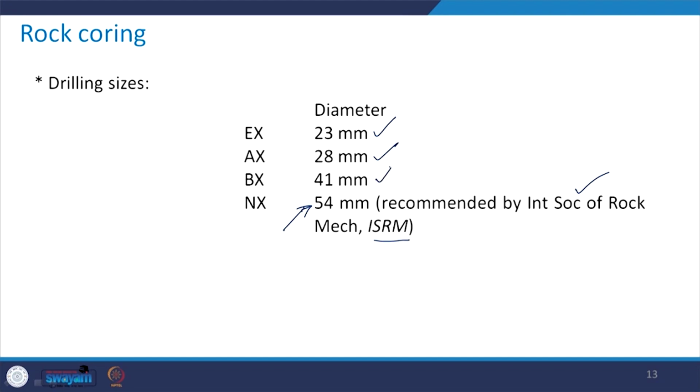EX has a diameter of 23 millimeter, AX is 28, BX is 41 millimeter, NX is 54 millimeter. One needs to use 54 mm diameter specimen, which is NX size. So, from now onwards, if I say NX, immediately you should get the idea that I am talking about a specimen having a diameter of 54 mm.